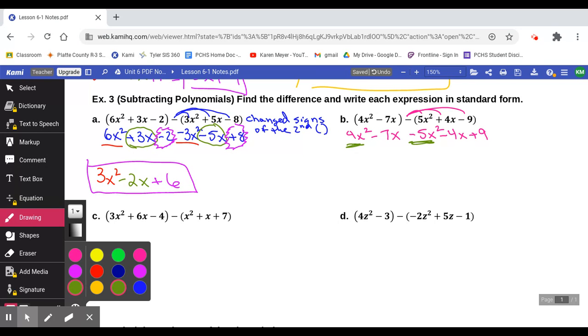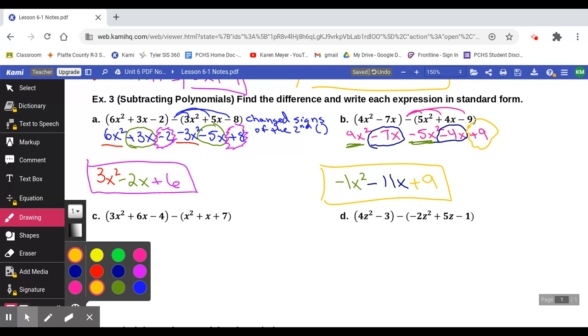So 4 minus 5 is negative 1x squared. And then negative 7x and negative 4x. Well, negative 7 minus 4 is negative 11x. And then my plain number, the only plain number I have here is 9. So plus 9.